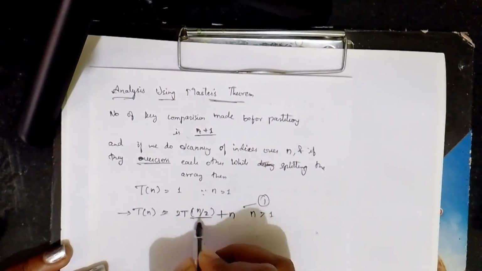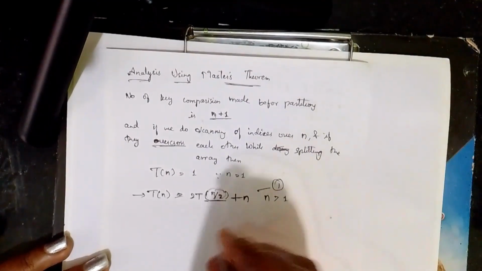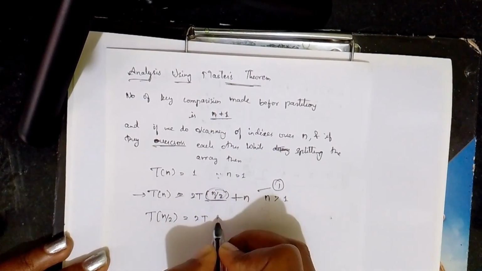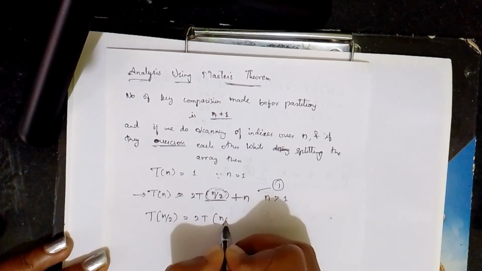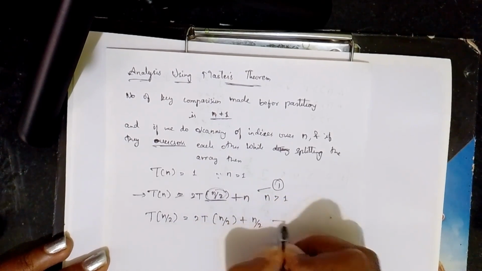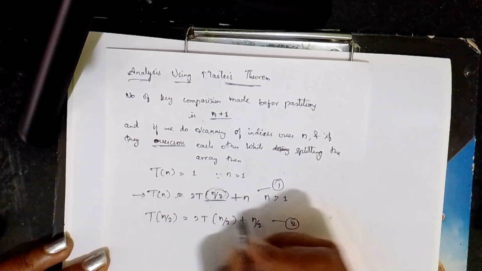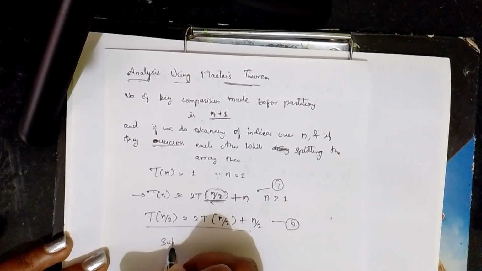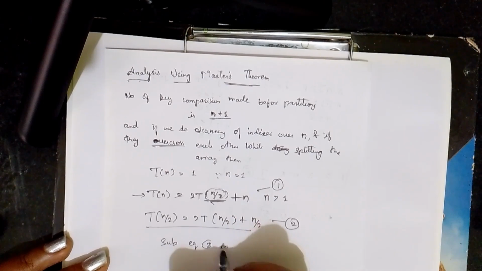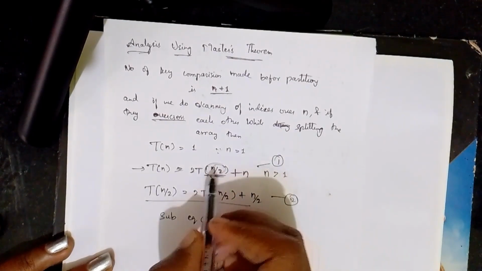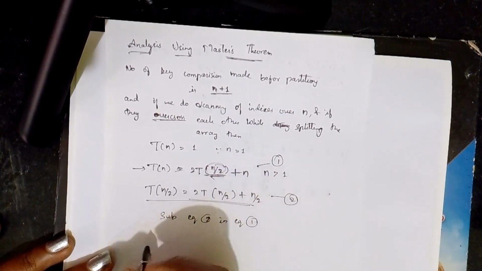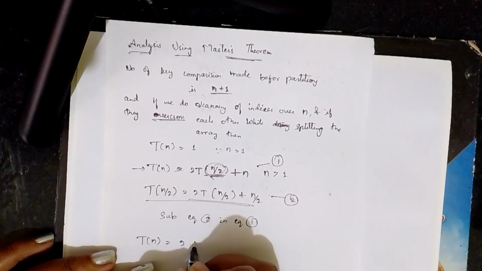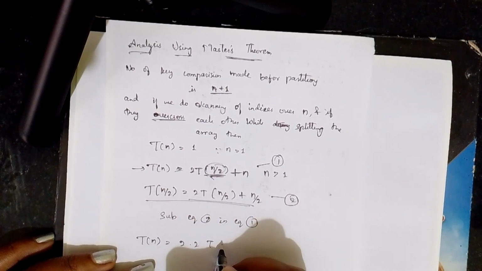We have to write the recurrence relation using this. For n/2 we will get T(n/2) = 2T(n/4) + n/2. This is our equation 2. Now substitute equation 2 in equation 1: in place of T(n/2) we substitute this. Then we will get T(n) = 2(2T(n/4) + n/2) + n.